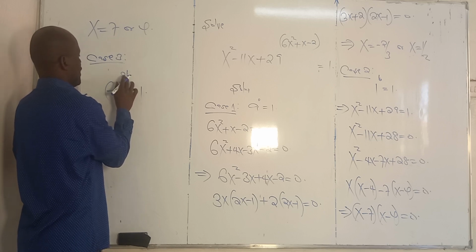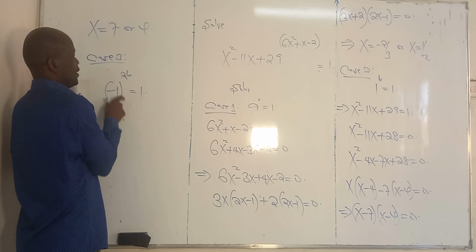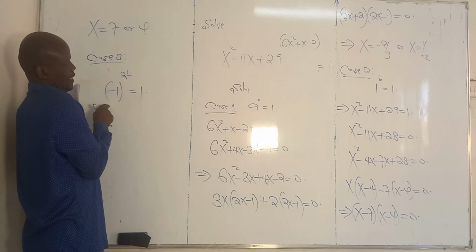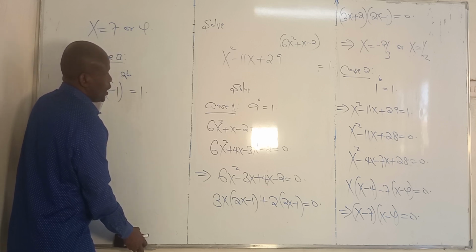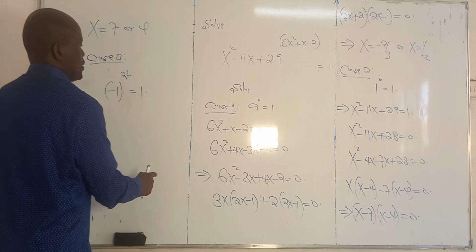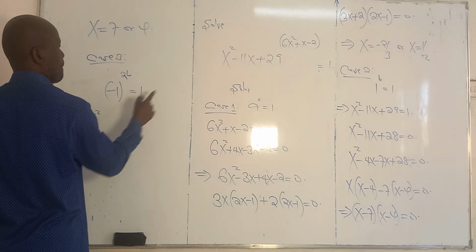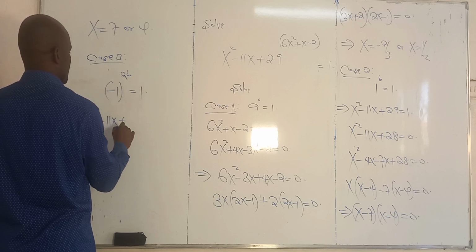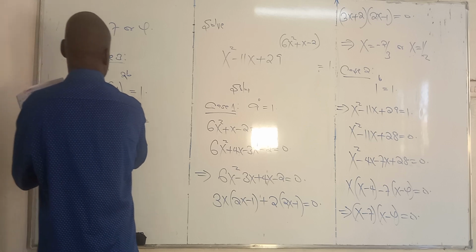But the fact remains with this expression is that this is negative 1. Now in that case, that's what it means. So I'll say that x squared minus 11x plus 29 is equal to negative 1.